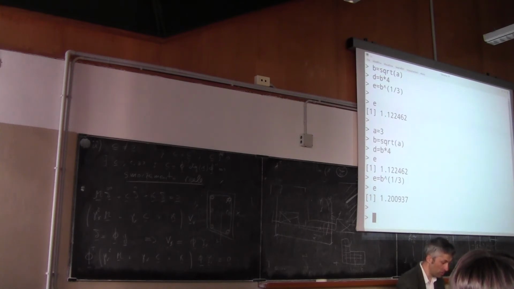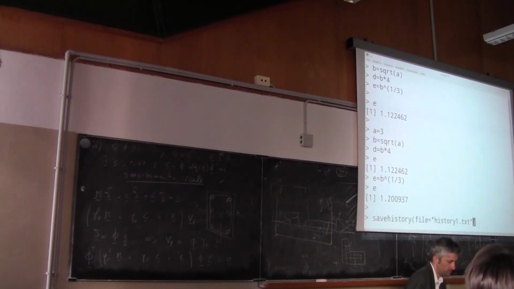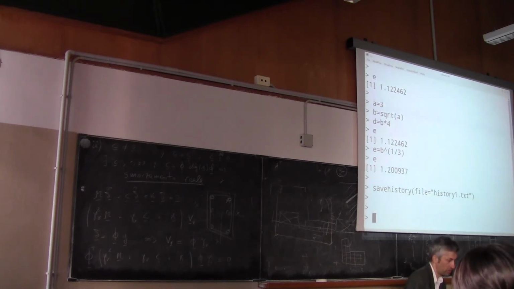And the second opportunity is to write the instructions, apart from the definition of the variable, to write the instructions on a file. For instance, I may write a history file. I go back to the same history command. Okay.